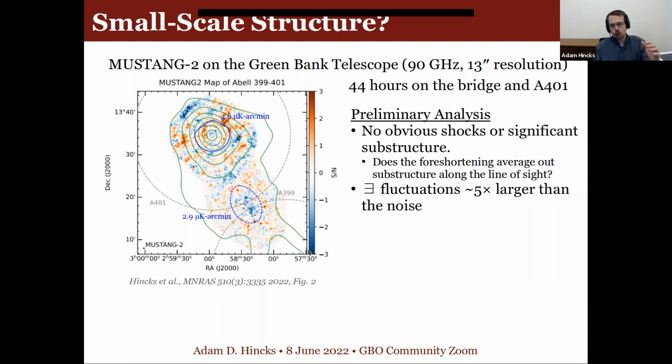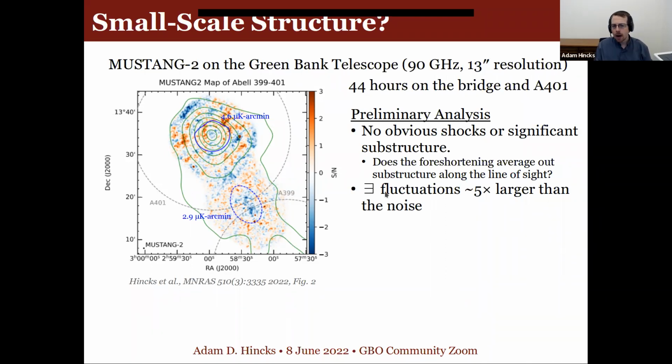The other thing we were looking for is any evidence of shocks. We know that all the evidence points to these two clusters being in a pre-merger state, so they're moving towards each other, and you might expect some shocks in the gas. We don't see anything obvious, but we do see an excess in fluctuation. The fluctuations in here are real, and they're about 5 times larger than the noise.